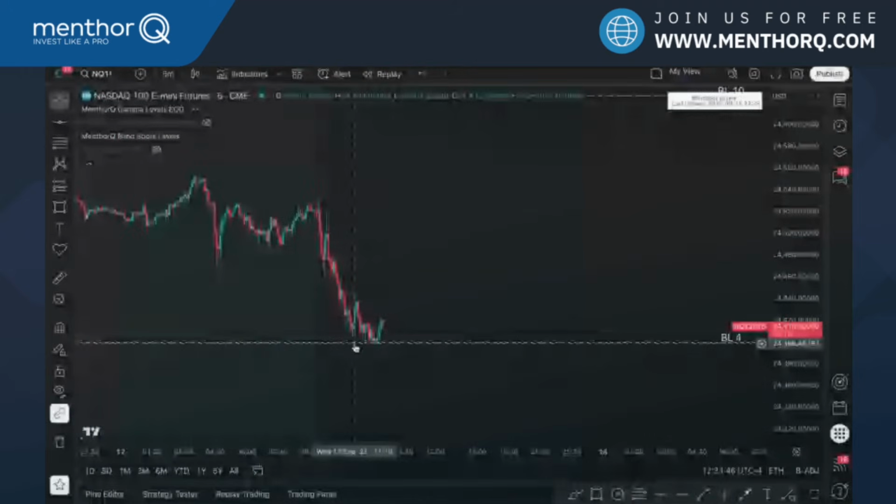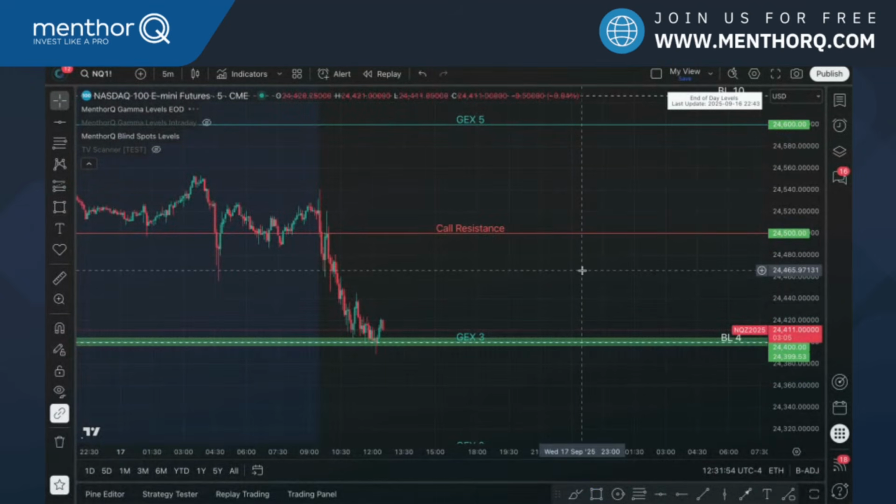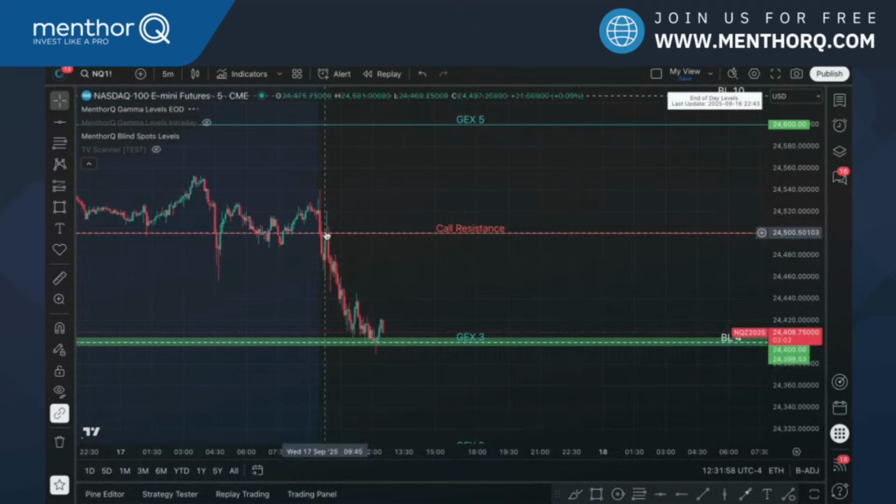The market is now moving up together with JAX3. So now we have an important gamma level and an important blind spot level. Then we have our core resistance. We saw the break, we retested, and then we went all the way down. This level acted as a strong resistance, and the market is now stalling around this JAX3 level here. So very, very important.